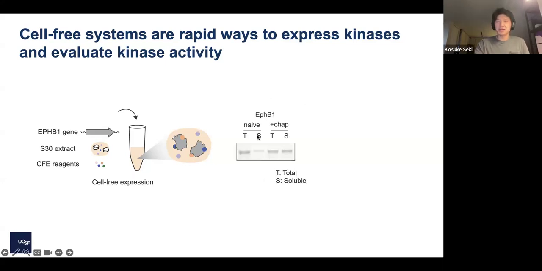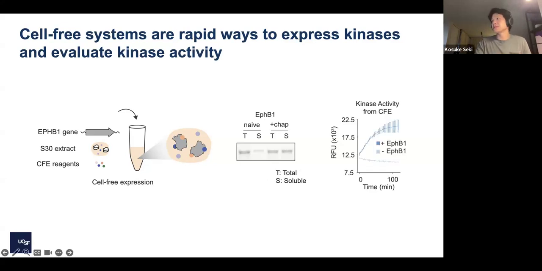Here I'm showing you a gel, an SDS-PAGE gel, just showing that we can express these proteins when you provide it with chaperones. And then the important part is this graph on the right of your screen. On the x-axis is time, and on the y-axis is fluorescence. We can basically measure the activity of a kinase by looking at its activity on a substrate, which results in fluorescence.